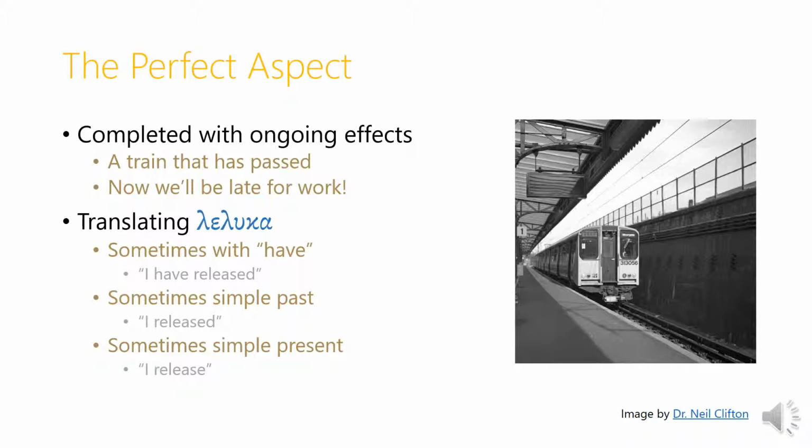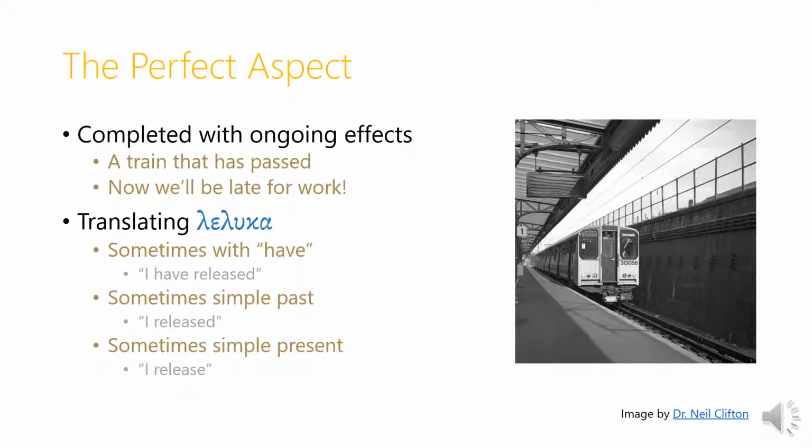Sometimes the emphasis is more on the fact that the action is past, is over and done with, than it is on the ongoing present condition. And so in those cases, in English, we can translate the perfect with just a simple past. I released instead of I have released.